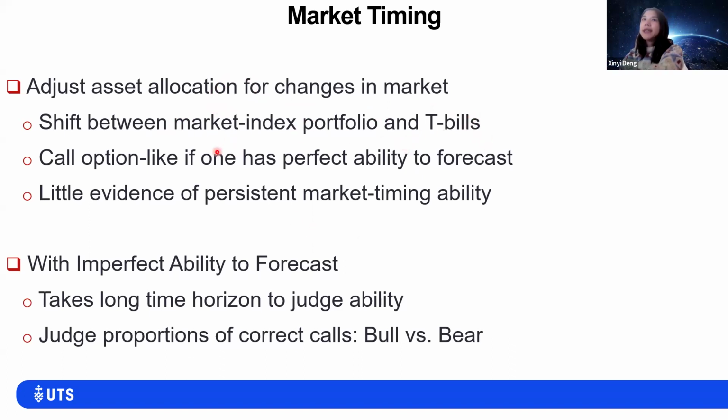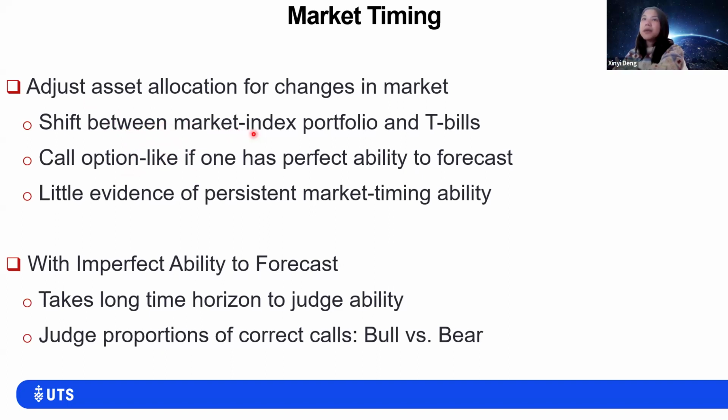Let's define the perfect market timing as the ability to tell at the beginning of each year whether the S&P 500 portfolio will outperform the strategy of rolling over 1 month T-bills throughout the year. This is just an example that we will be using to try to estimate the value of perfect market timing ability.